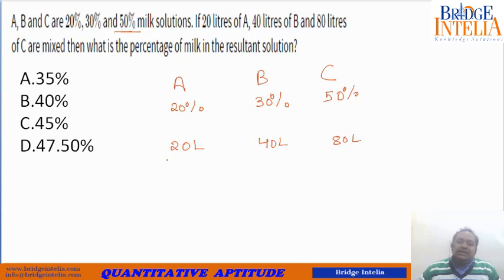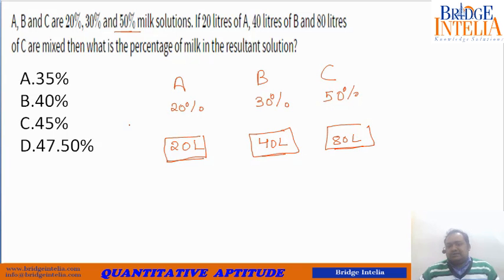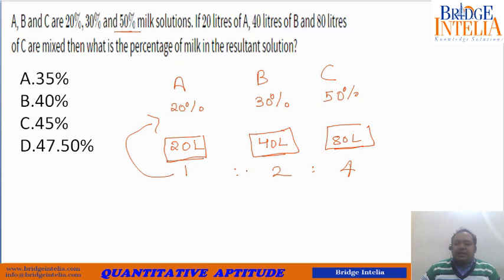So use the concept of weighted average. So before applying the concept of weighted average, we have to take the ratio of these quantities. The actual value doesn't matter, it's the ratio that matters. So the ratio of 20, 40 and 80 is 1:2:4, and now you can apply the formula of weighted average.